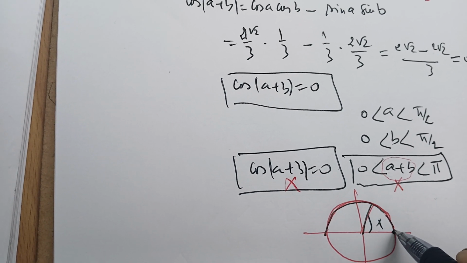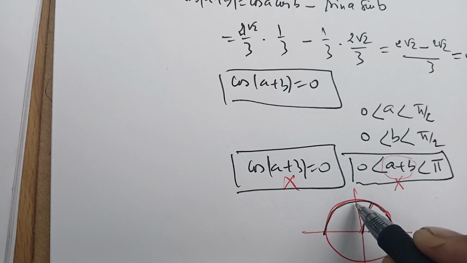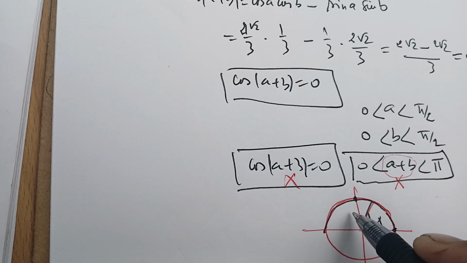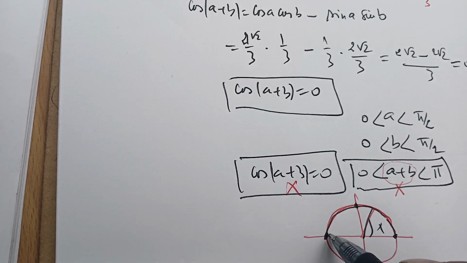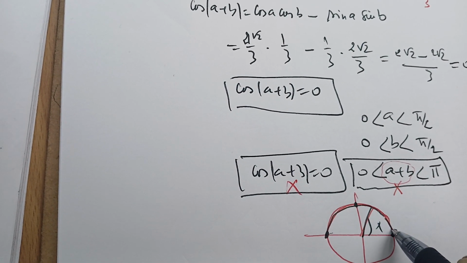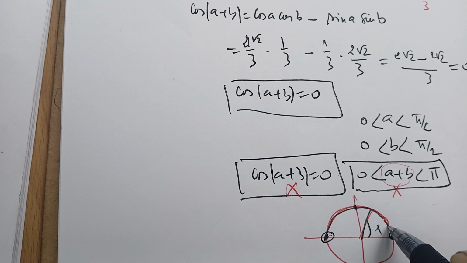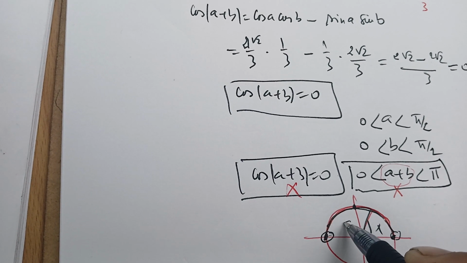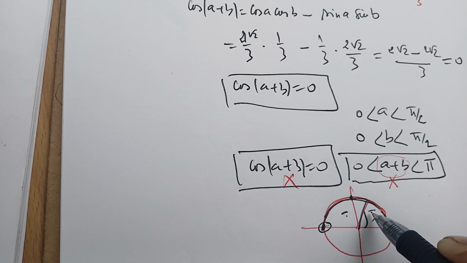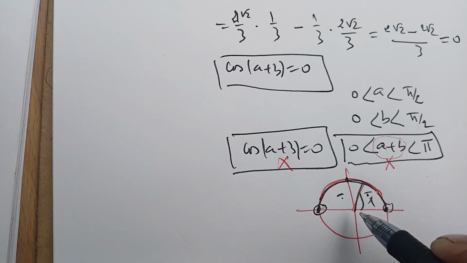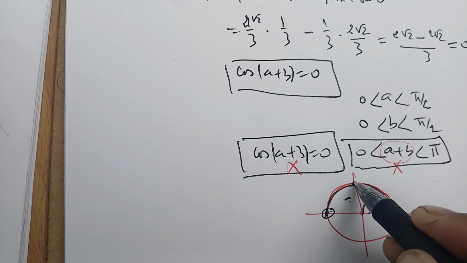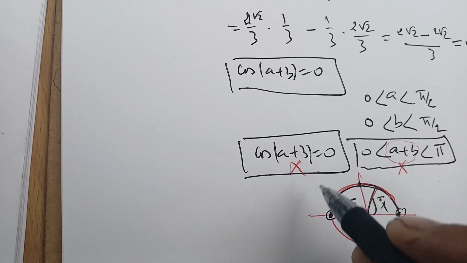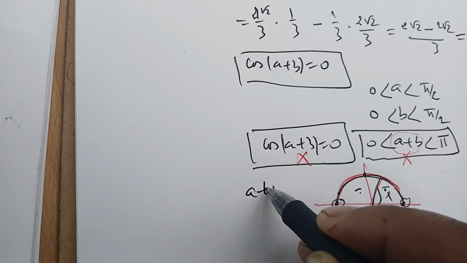When I'm here at 0, it's 1. When I'm here at pi over 2, it's 0. When I'm here at pi, it's minus 1. So I'm strictly between these two values. Let's give him some eyes. He's going to look like a boy. In this case, the only value that satisfies this condition is A plus B equals pi over 2.